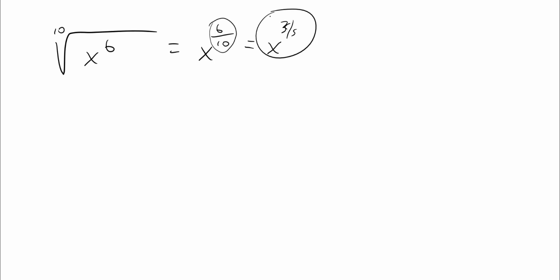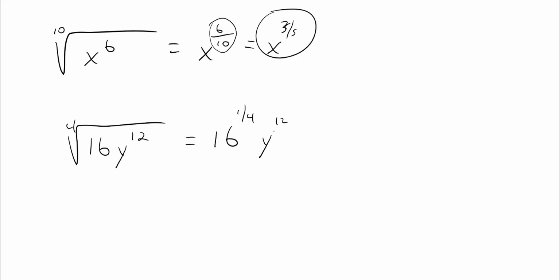That's all I mean by simplify. So if I gave you the 4th root of 16y to the 12th, you're going to say 16 to the 1/4 power, y to the 12th over 4, right?